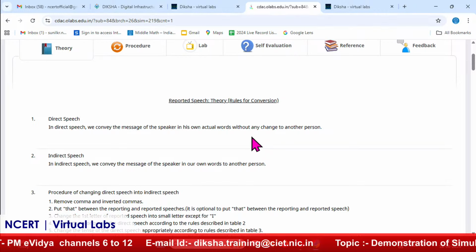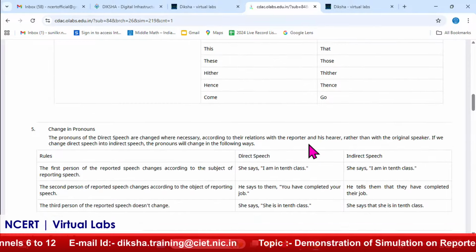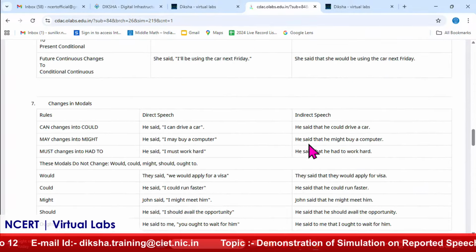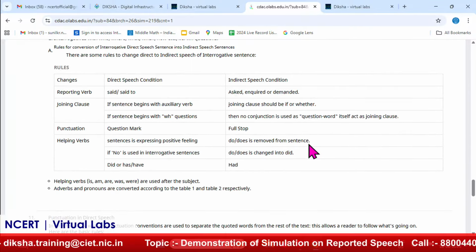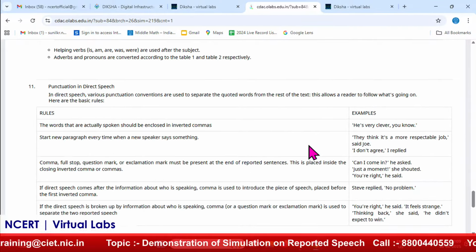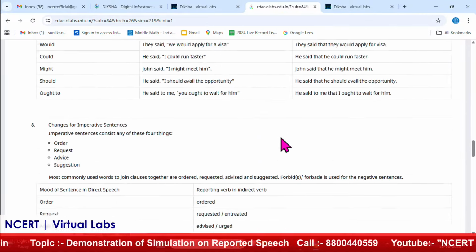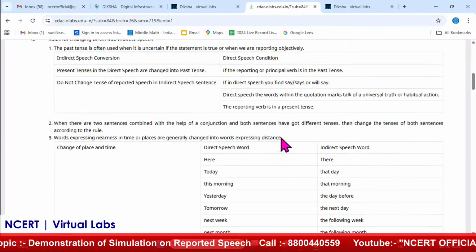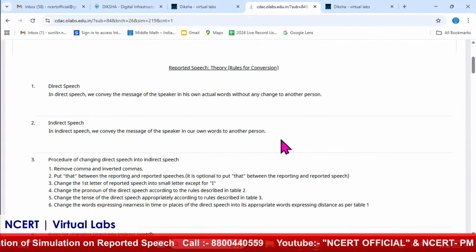Okay. So let's look at the theory part of it, which is a lot of stuff given over here, which you should read carefully, but it's always better to read from a proper grammar book like Wren and Martin. But we'll cover some of the rules over here. And if you understand it conceptually, it'll become very easy.